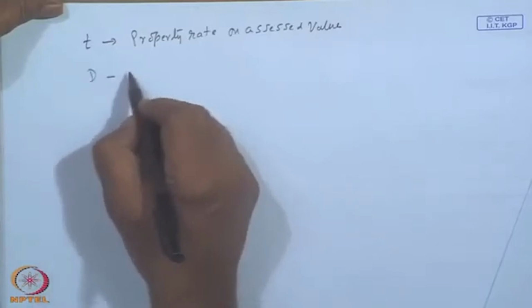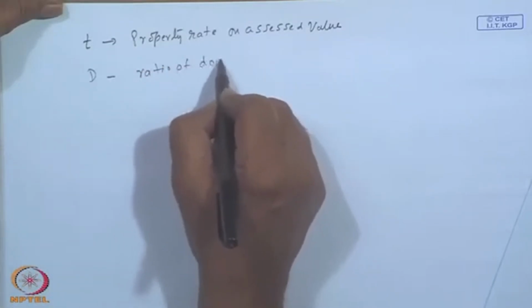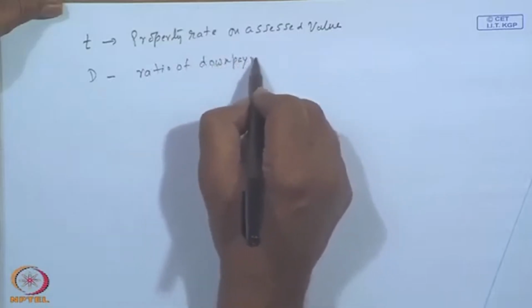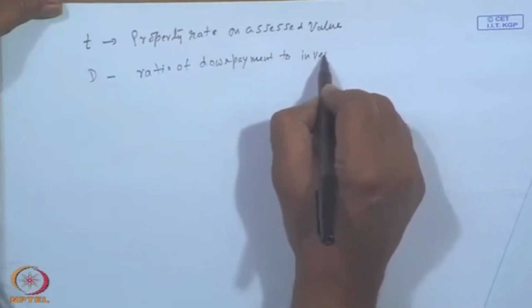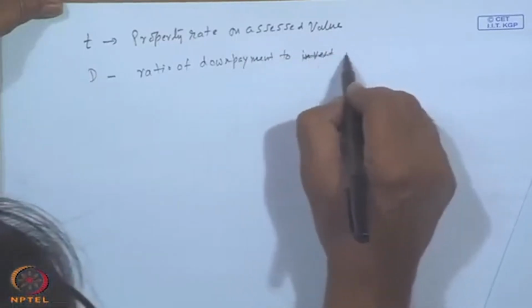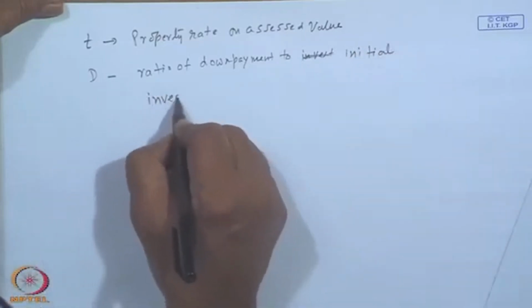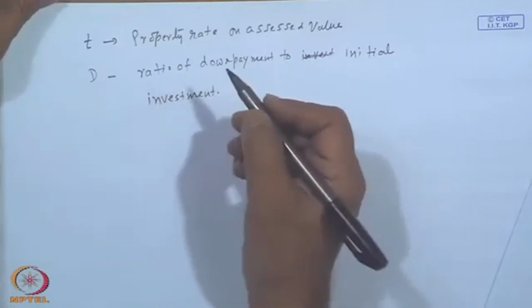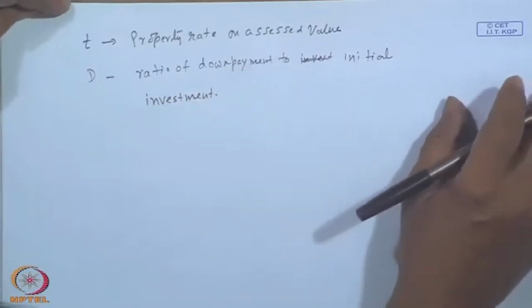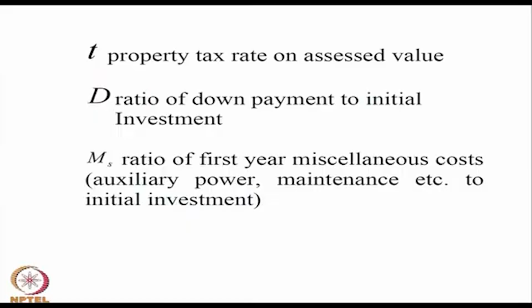And D is the ratio of down payment to initial investment. So, some of these terms look unfamiliar because as students or as youngsters you may not be dealing with them, and some of them are even unfamiliar to me too until I try to find out.